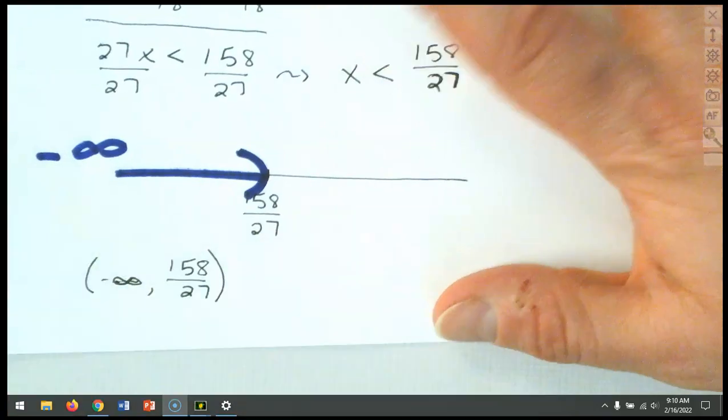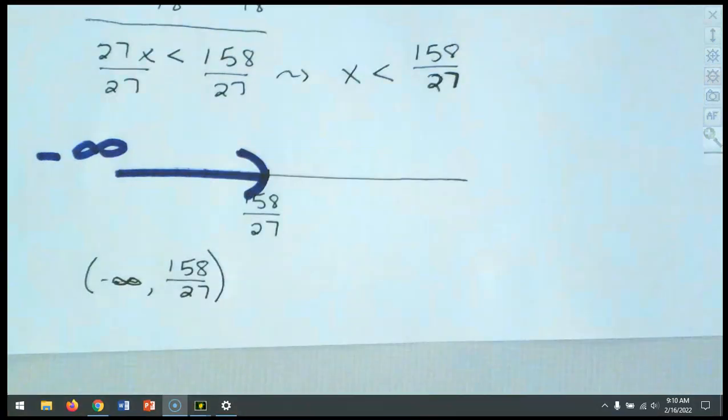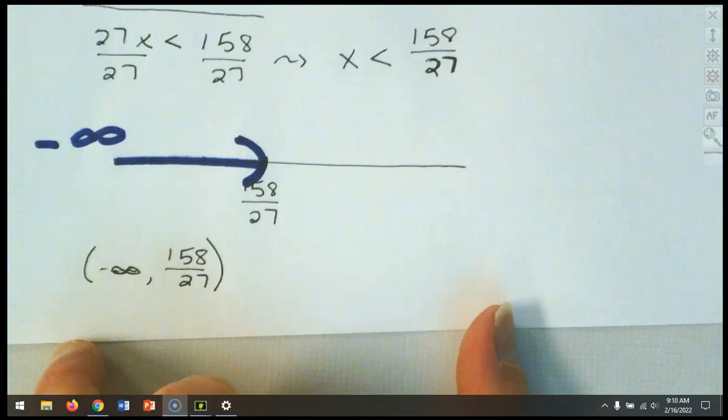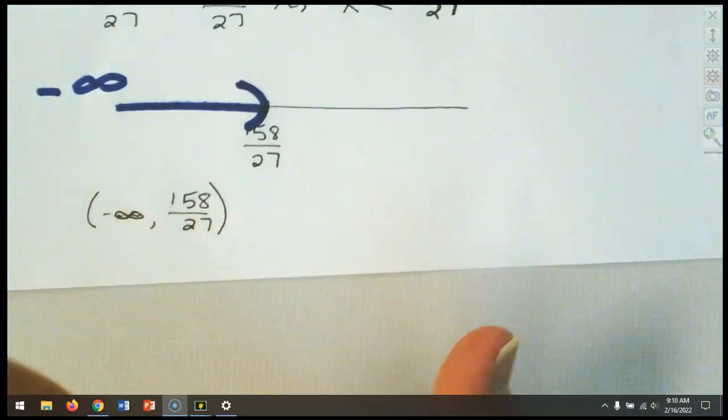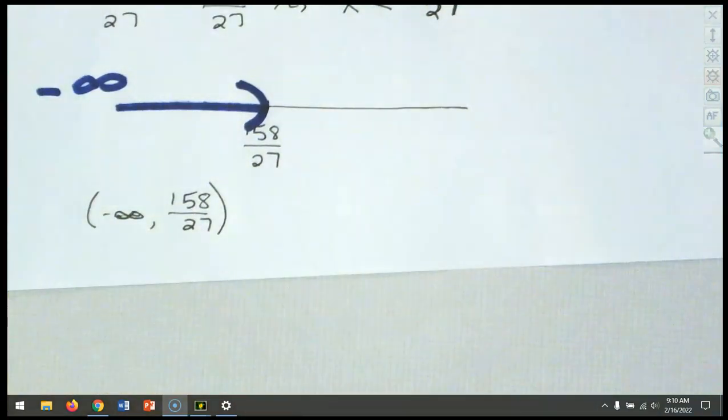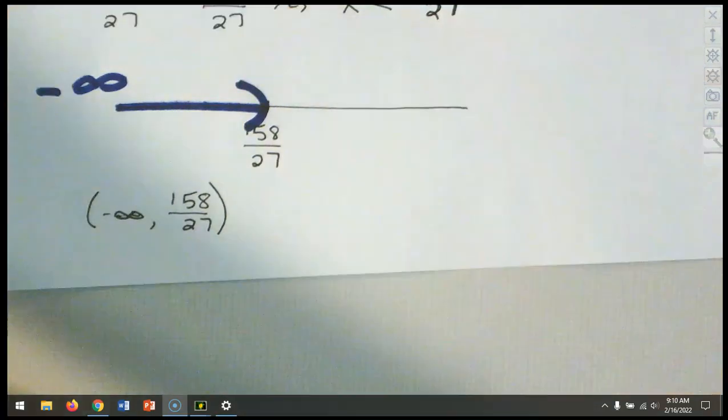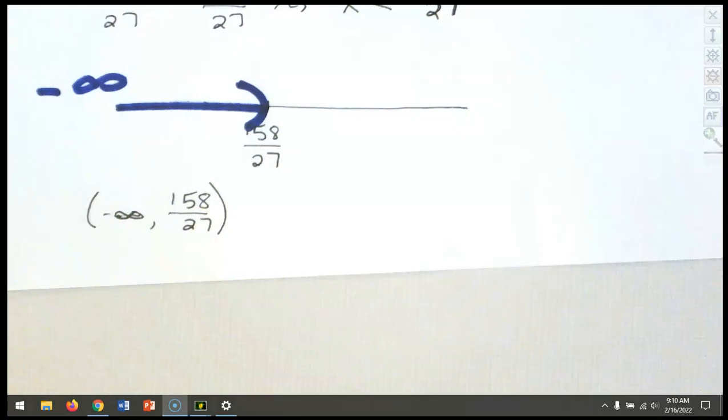Also with parentheses. Most of the time, they're going to come out to be whole number answers, but this one didn't, right? If you get a fraction, that's okay. You can have fractional answers, and that 158 over 27, it's not going to reduce at all. So we just leave it the way it is. I'd rather you have a fraction than a decimal, so just keep the fraction. If it doesn't reduce, it doesn't reduce.